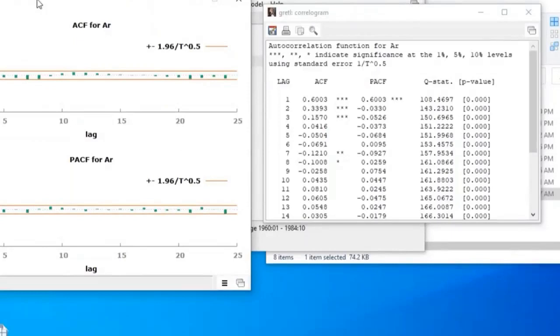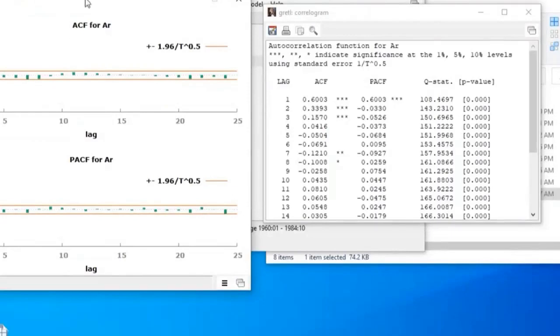Say we have monthly data, then up to 12 we can consider. But if the decay continues after 12, then no, we cannot consider that. Thank you, sir.